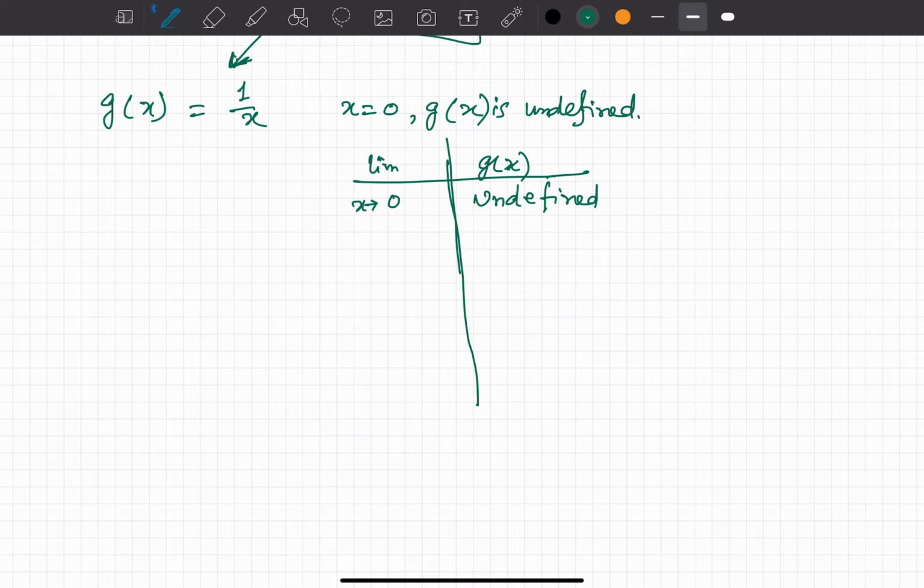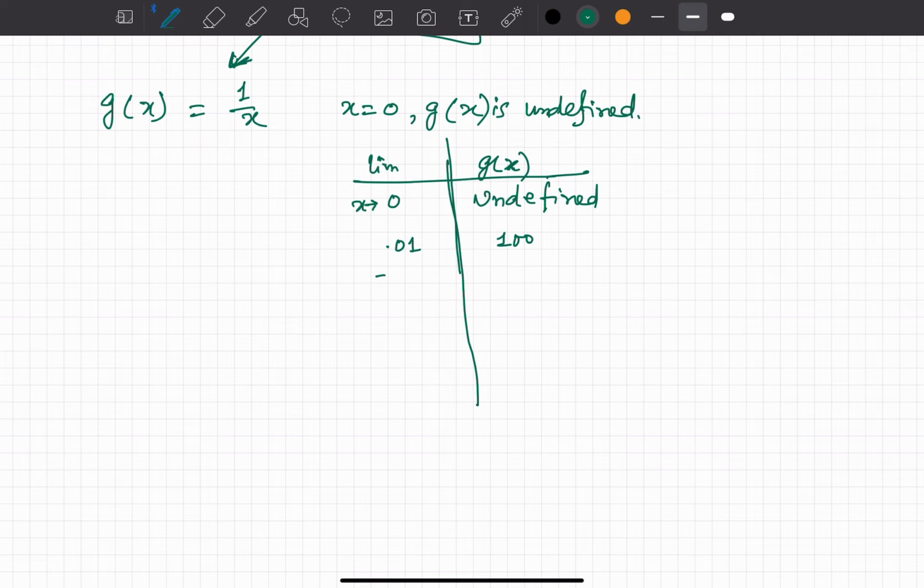For any other value, g(x) takes defined values. When x is taking value of say 0.01, g(x) will take a value of 1 divided by 0.01, that is 100.